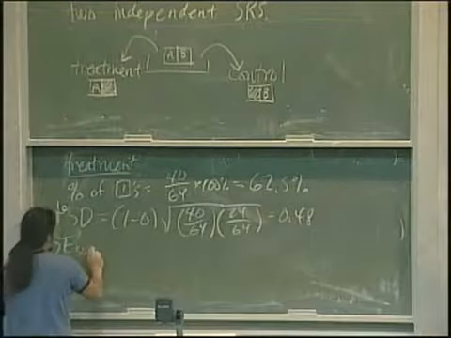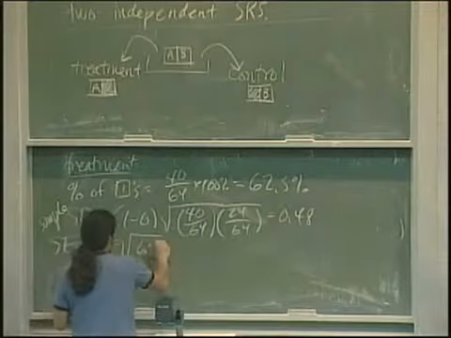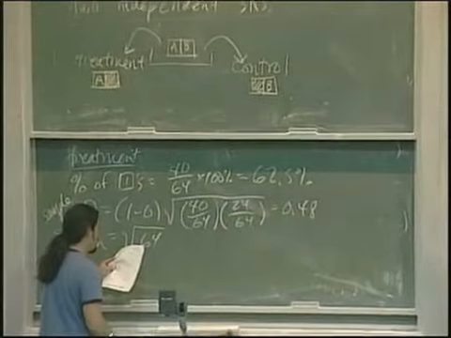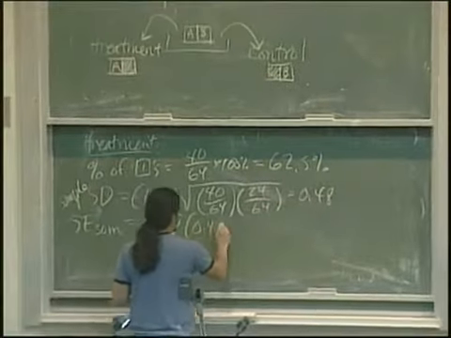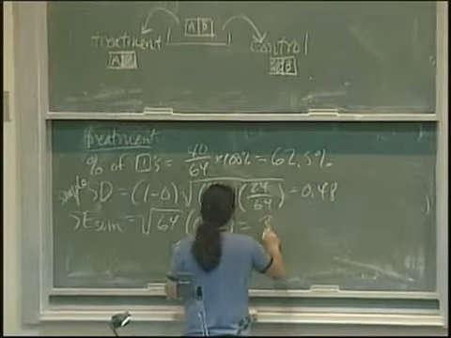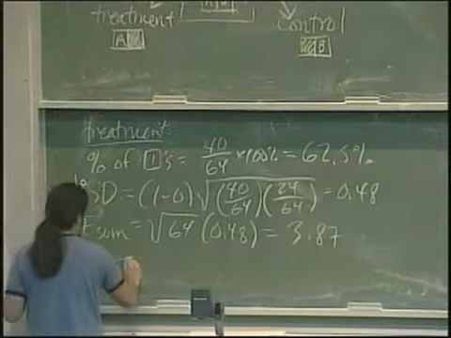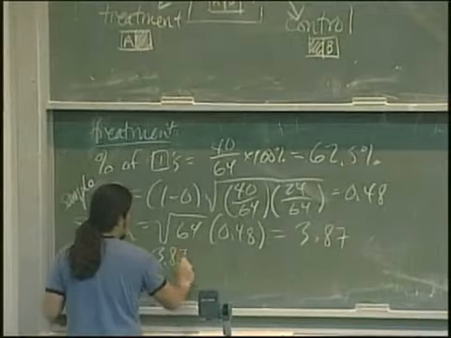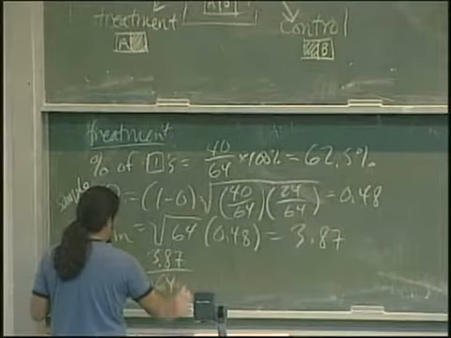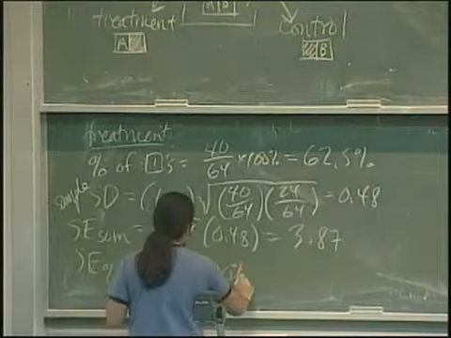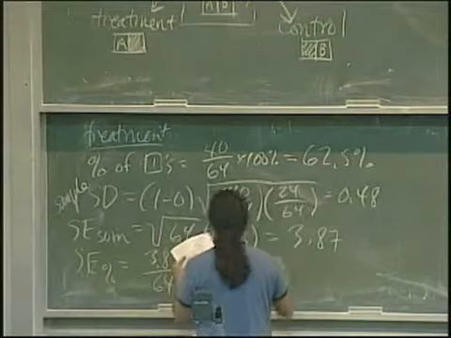I'll do the SE sum calculation along the way. SE sum is square root of 64 times 0.48, which is 3.87. SE percent is 3.87 divided by the sample size, 64, times 100%. And we get 6.05%.